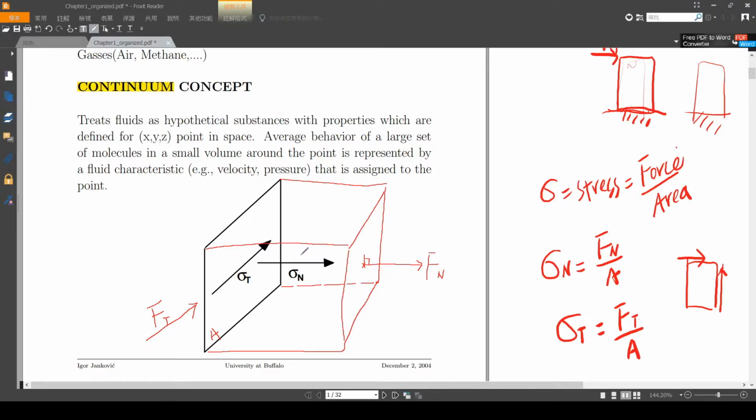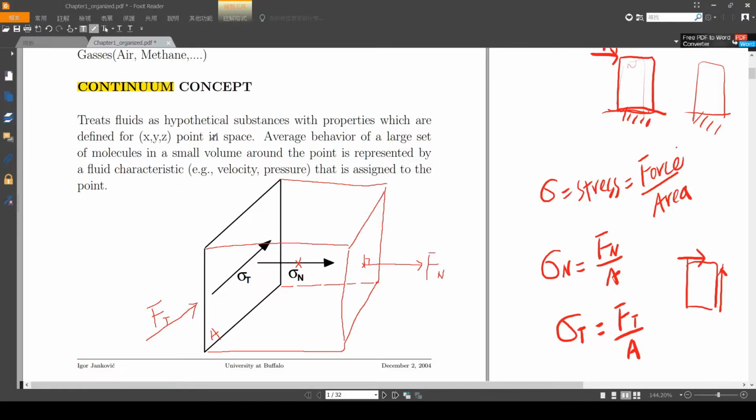Because of the very large number of molecules, it is impossible for us to study the behavior of every individual molecule. Therefore, when we try to describe or analyze fluids, we pick a representative point, like the center of the cube.